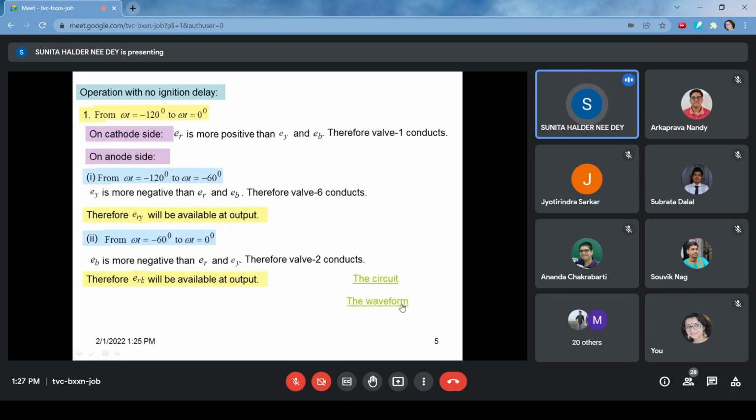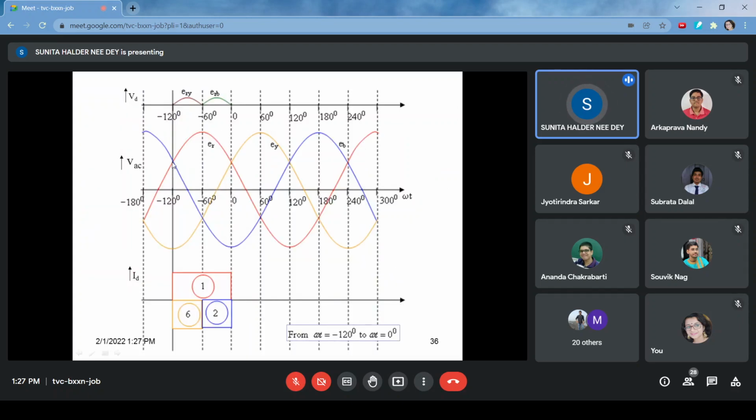Now we have to see, in between minus 120 to 0 degrees, for this span, which phase is most negative? You see there are two phases. From minus 120 to minus 60, Y phase is most negative, but from minus 60 to 0, blue phase is most negative.